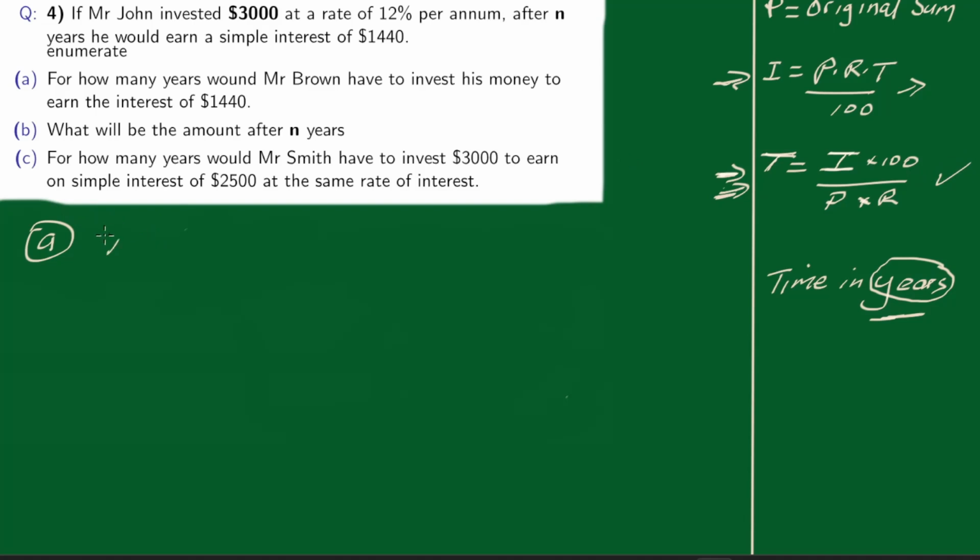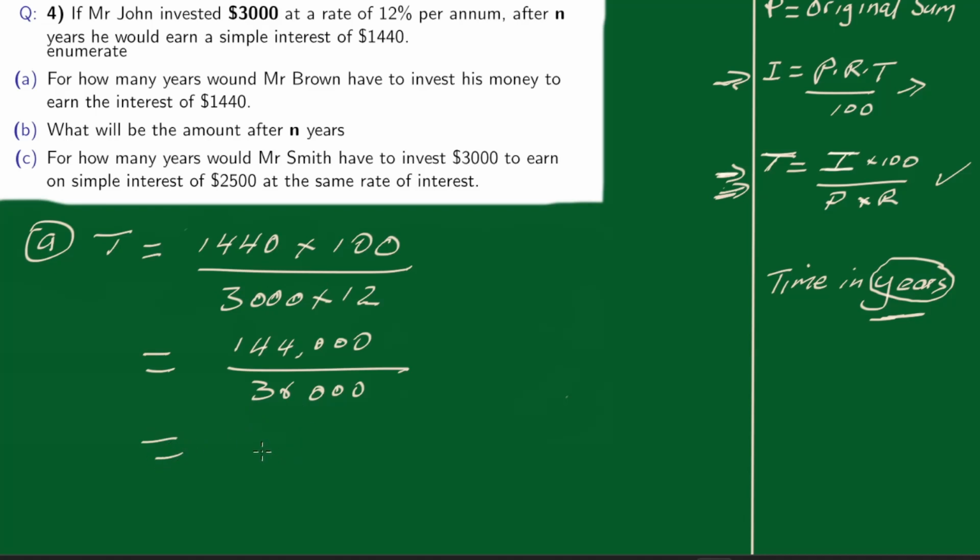So time equals interest multiplied by 100, and the interest is 1440 multiplied by 100, all over rate by principal, and the principal is 3,000. That works out to be 4 years. So n, which is the number of years, will be 4. So your answer for this question is 4.